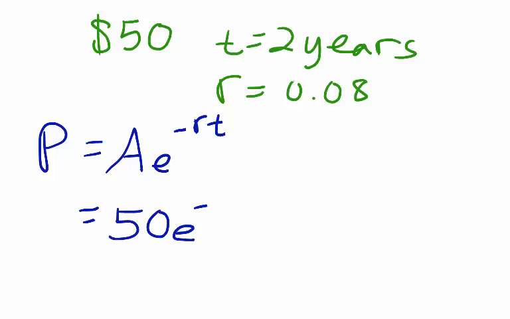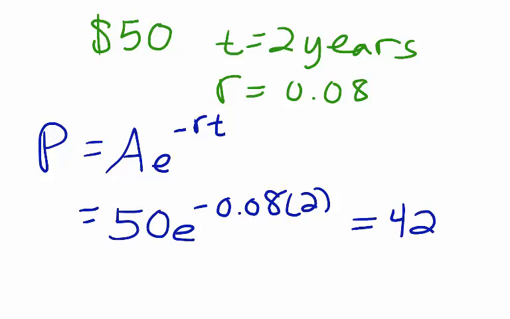We raise this to the power of negative 0.08 times 2, which is our rate times time. We can plug these values into our calculator to determine that our principal investment amount is $42.61.